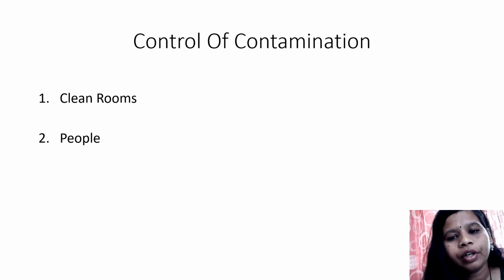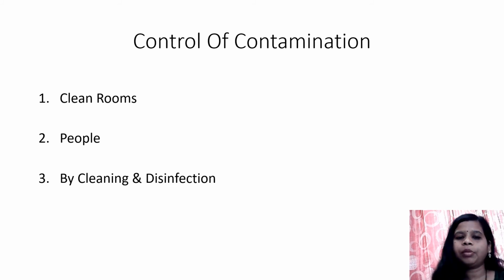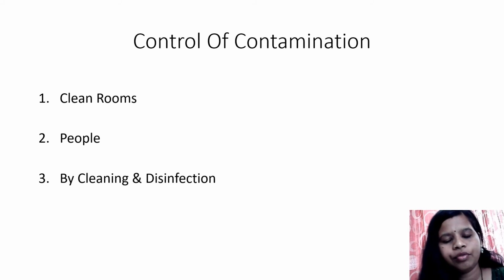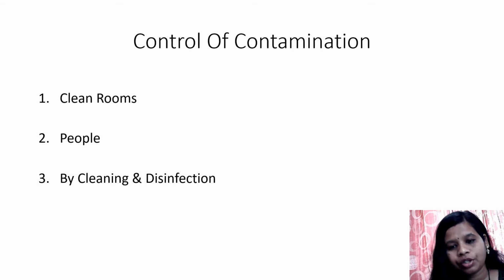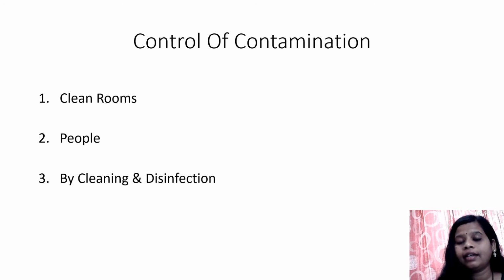The next point is the control of contamination by cleaning and disinfection. For this particular point, we have to consider that the cleaning and disinfection procedures should be followed strictly and exactly as they are meant.